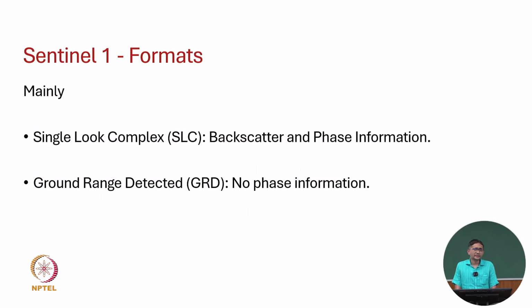Sentinel-1 data we find in formats such as single look complex, which has backscatter and phase information, and also ground range detected, GRD, which doesn't provide phase information. When we're working with this data, we'll see these additional formats and information provided along with it.